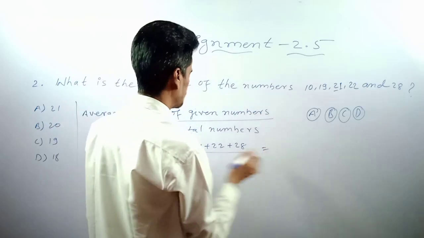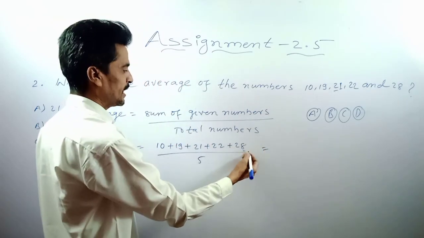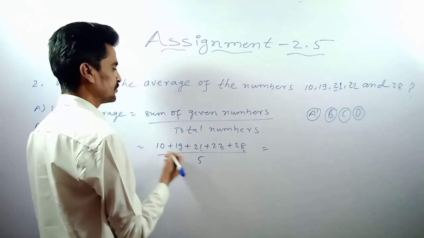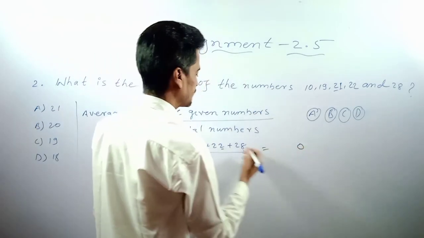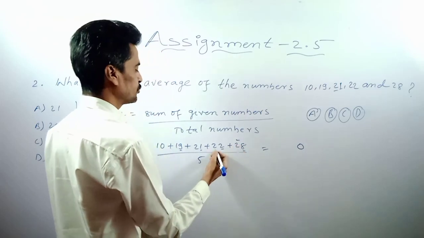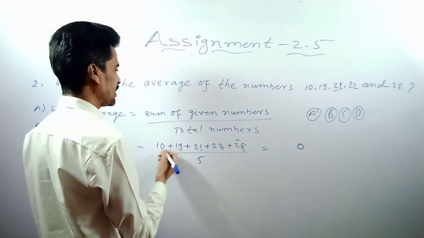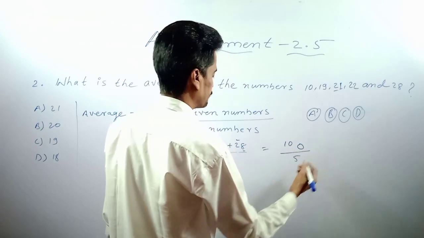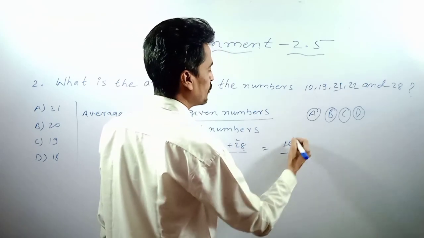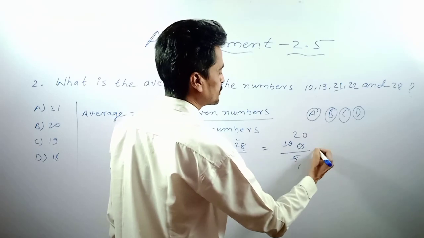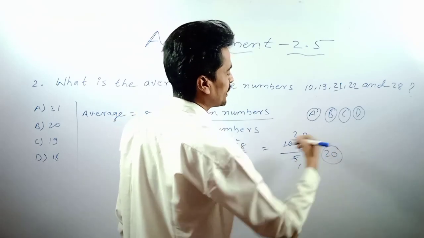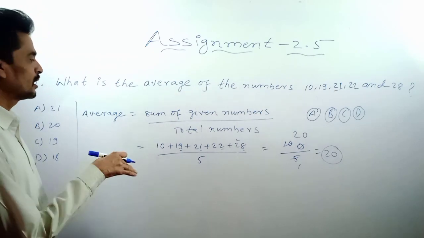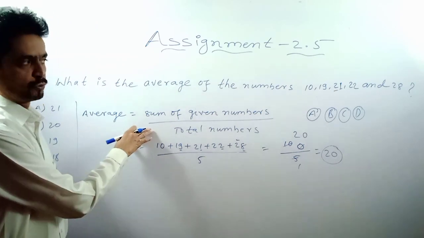So addition: 8 to 10 and 1 is 11 and 9 is 20. 20 is 0, carry 2. 2 and 2 is 4, 6, 8, 9 and 10. So sum of the given numbers is 100 upon 5. 5 ones are 5, 5 2s are 10, 5 0s are 0. Average is 20. So here this formula is useful.